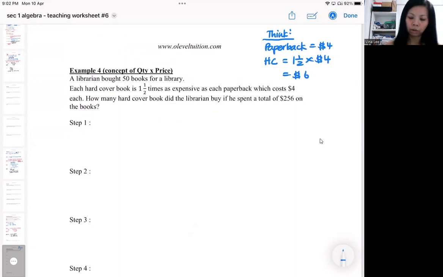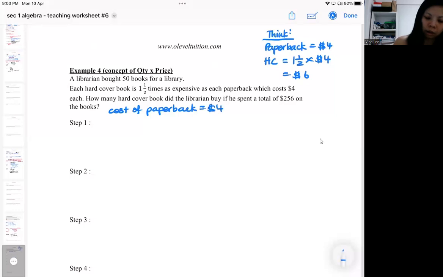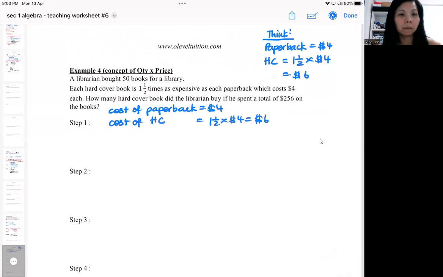Of course you can do some explanation first. Cost of paperback is equal to $4. Cost of hardcover is 1.5 times $4. So you can start off with this thinking.